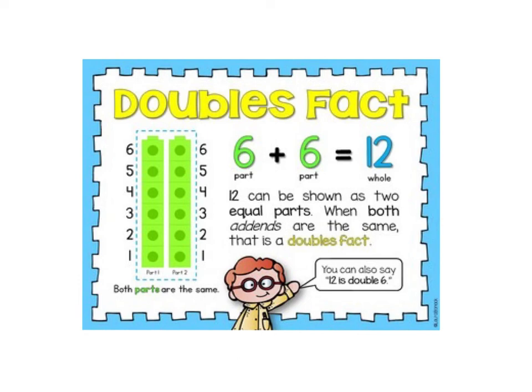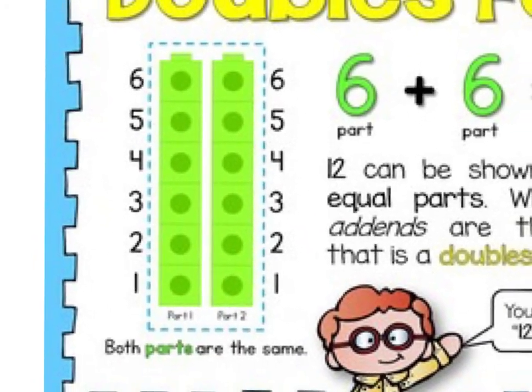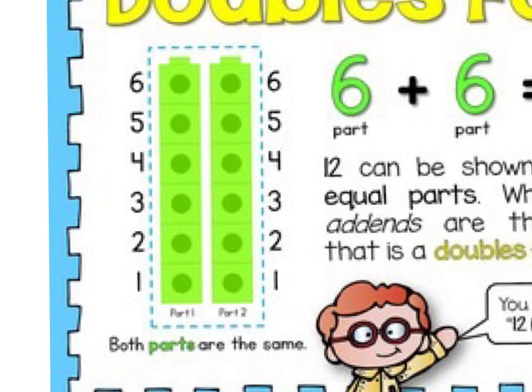So if we look over here, I know it's a little blurry, I'm sorry. We can see that with these blocks, these two parts are the same size. There are 6 blocks in each block tower. So both parts are the same, which means this is a doubles fact.